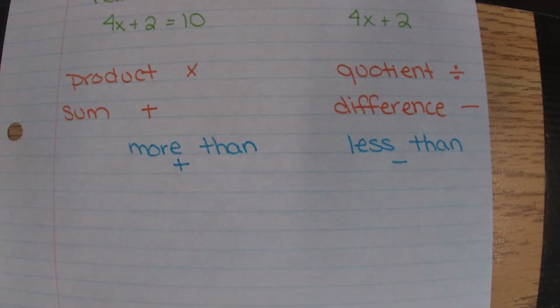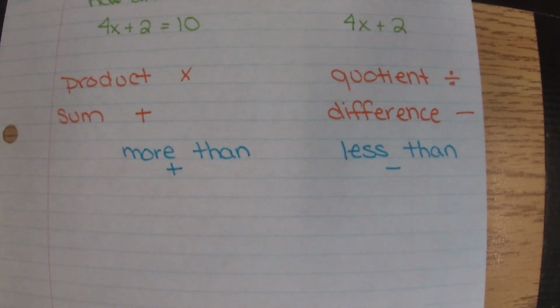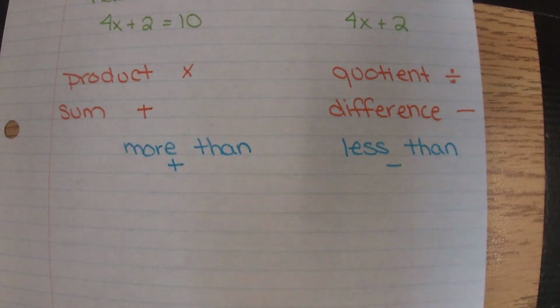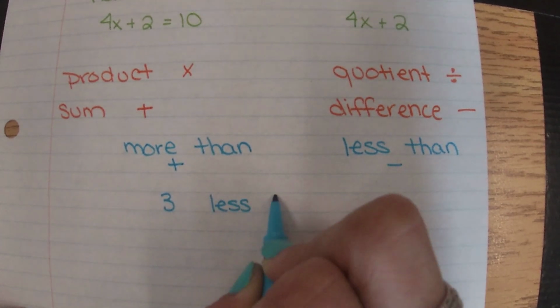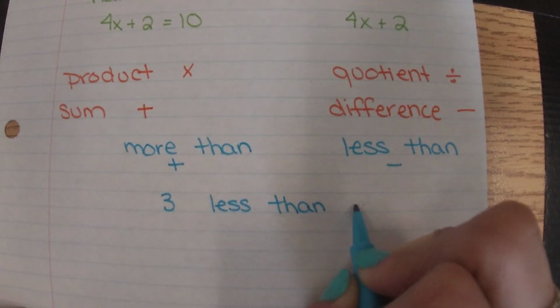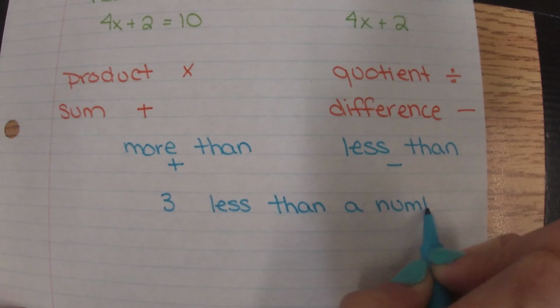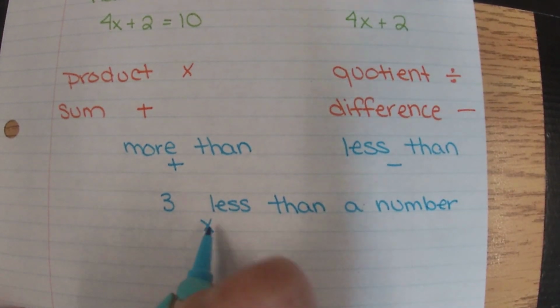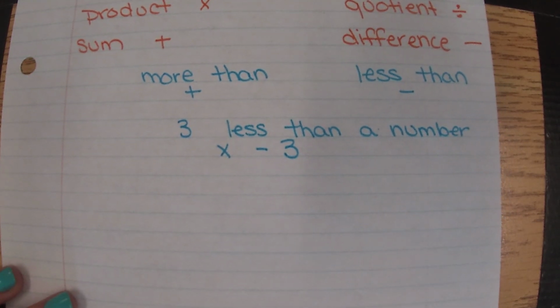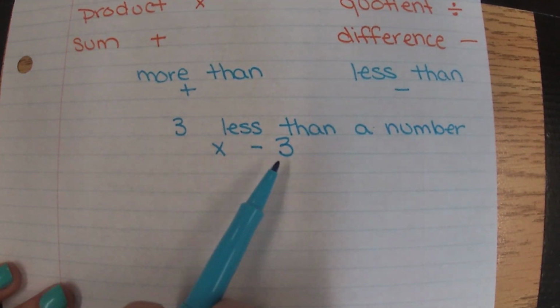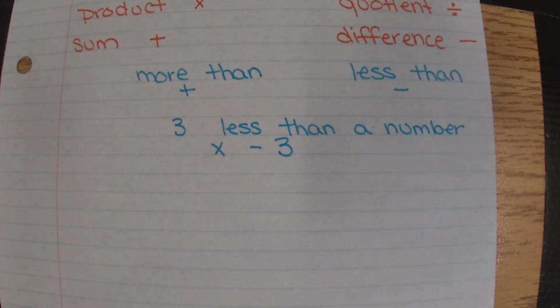The key with more than and less than is that they also tell us to change the order. So if I read something that says 3 less than a number, or 3 less than x, I would really write a number minus 3 because I'm also changing that order. I read 3 first, but I'm writing it second.